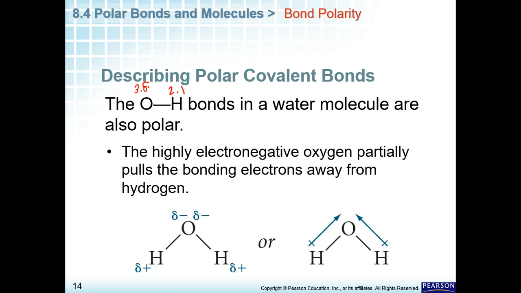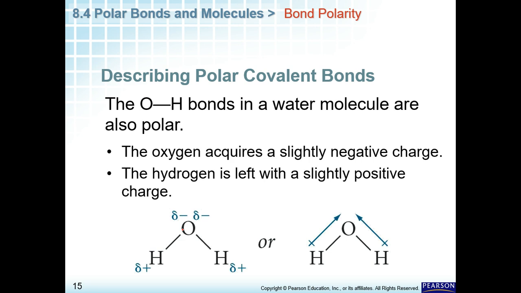If you look at that, there's a big difference. Oxygen has the higher value, so it's going to have the bigger electronegativity. Hydrogen's going to have the lower electronegativity. That means oxygen's going to be negative and hydrogen's going to be positive. So oxygen negative, hydrogen positive.